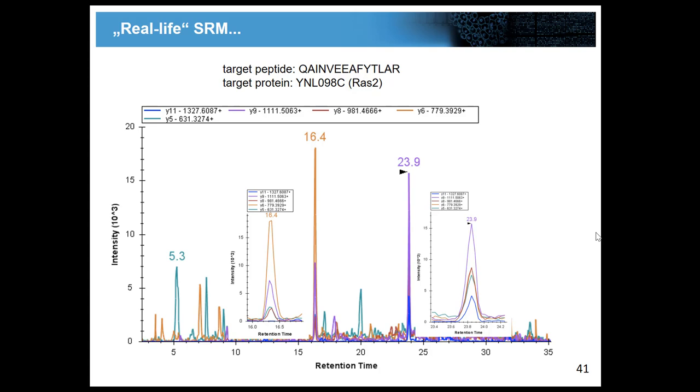Look at the MS2, at the ratios. Yeah, but I don't have an MS2 at this stage. Who thinks it's the one at 16.4 minutes? Who thinks it's the one at 23.9 minutes? Why? It looks like the 16.4 is maybe missing a transition. Well observed.